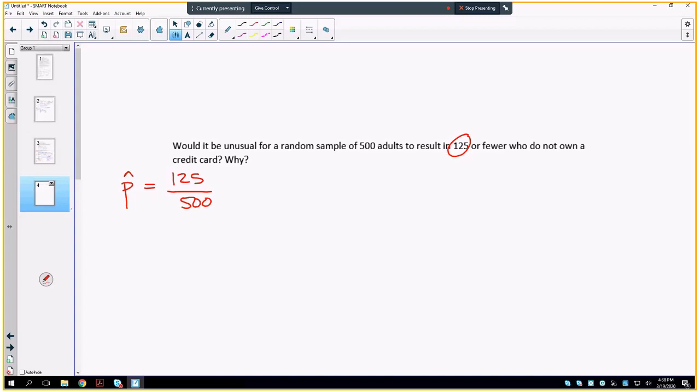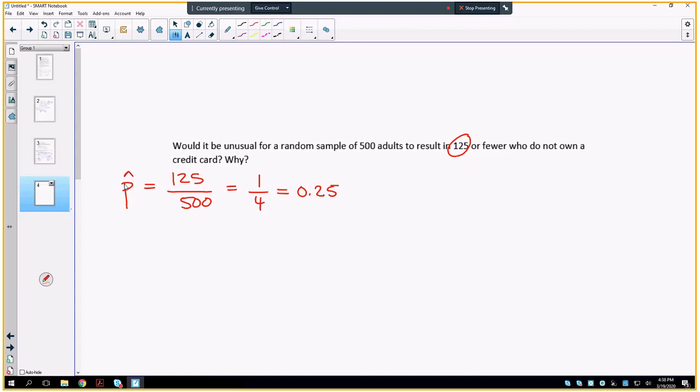So x is 125, n is 500, and that should be 1/4, or in a nice decimal form, 0.25. And that reminds me, I think I already know something about 0.25 from the previous problem. So now maybe I can answer this question. Would it be unusual to have this, and why?